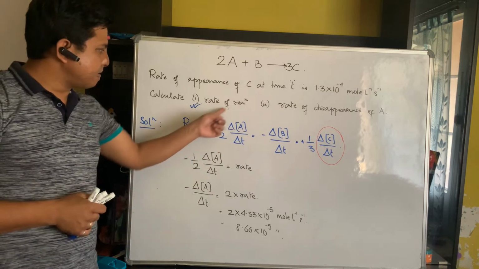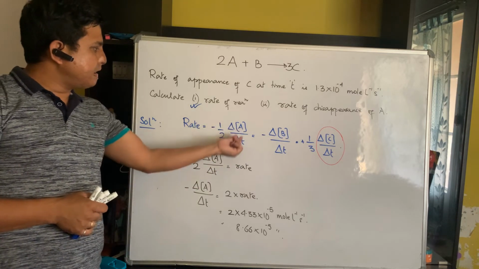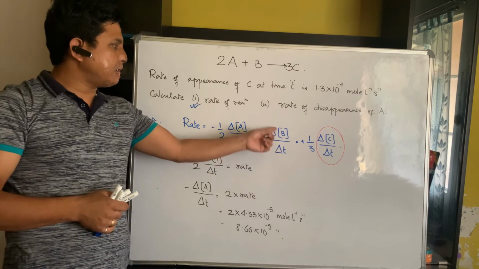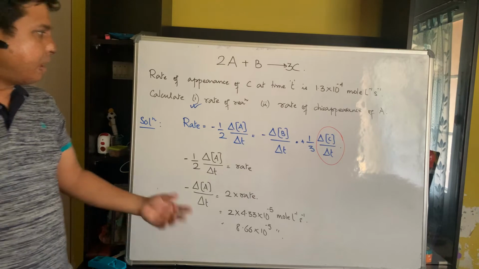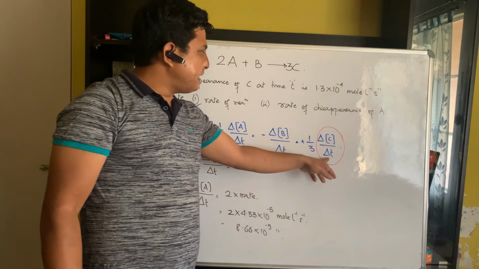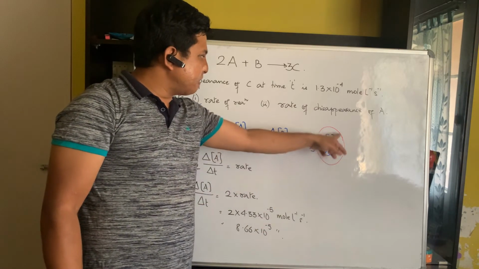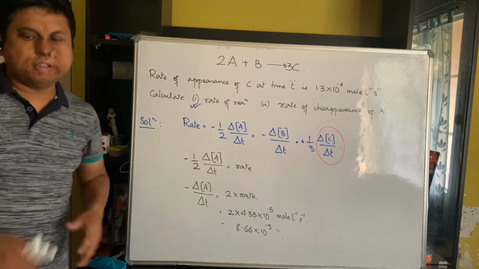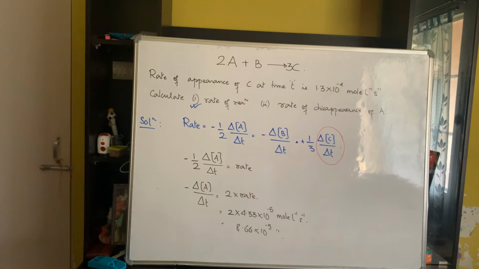This whole thing is equal to the rate, but minus del A by del T is equal to the rate of disappearance of A. Here, this is equal to the rate as well as the rate of disappearance of B. Out here, plus del C by del T is the rate of appearance of C, but this whole thing, 1 by 3 into del C by del T, is equal to the rate of a reaction. Fine.